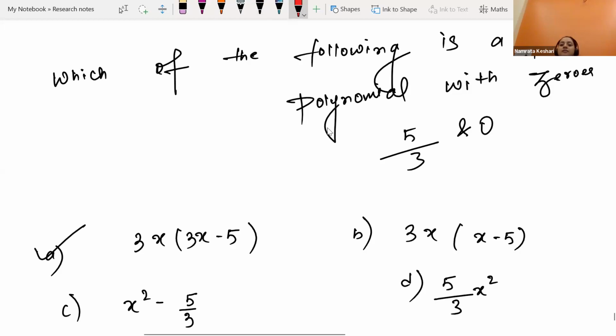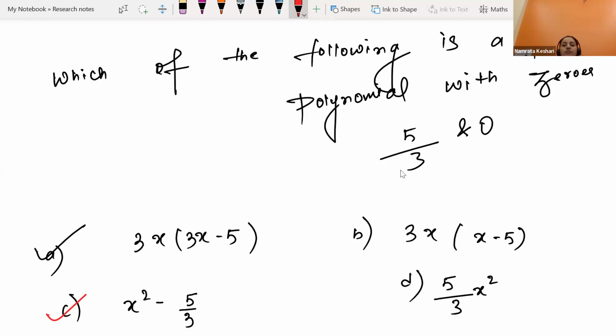Ma'am, 5 by 3 and 0, I got option C. Okay, Udyan, you got C. Yes, rest of the students, Alpina, Afnan, Ifra, Abdul, is it A or C or maybe B or D? Option A. Okay, Afnan got A. Albina also got it.